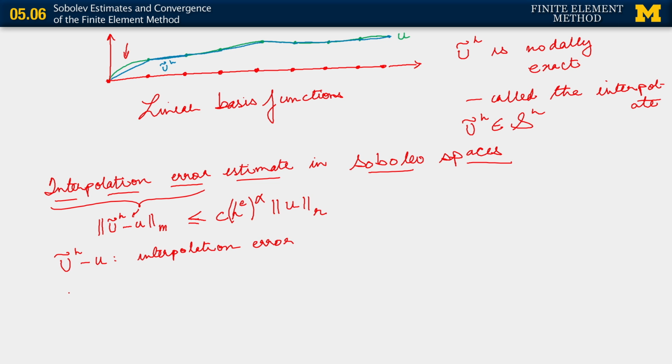Okay. h_e, as before, is the element size. C is a constant. r is what is called the regularity of the exact solution.